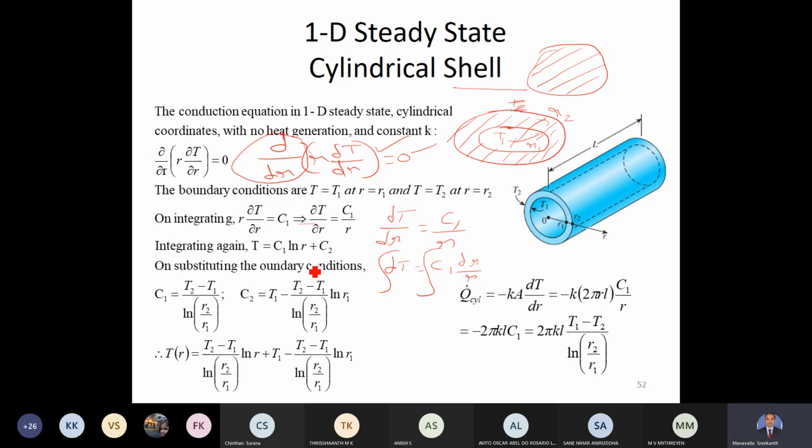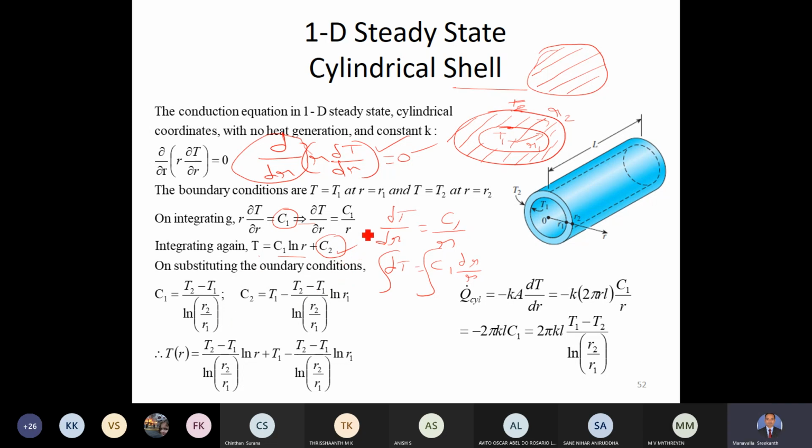So on integration of dt, you have t, and the integral of c1 dr by r will be c1 log r, and then there is another constant of integration c2. So we have two constants of integration left here, c1 and c2.